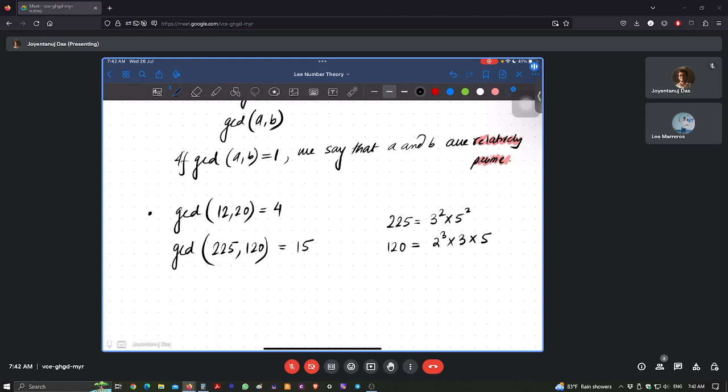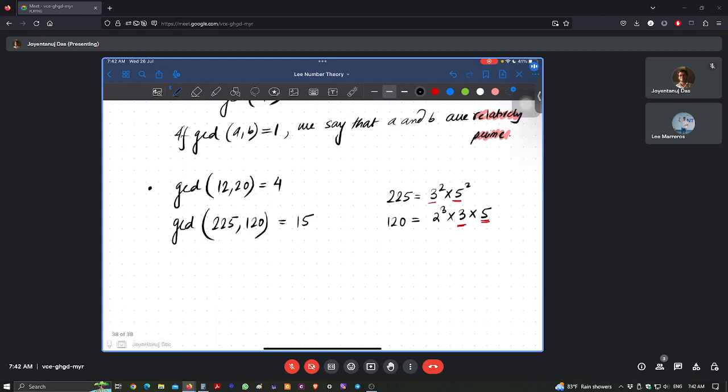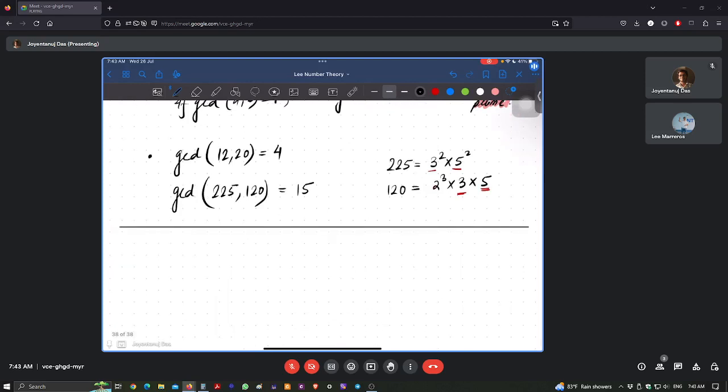The common part is one 3 and one 5, so the GCD will be 3 times 5. But finding prime factorization is not always efficient, even if you have a calculator. Sometimes there is another method to find the GCD, the Euclidean algorithm.